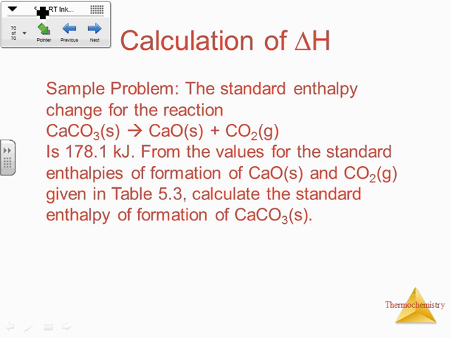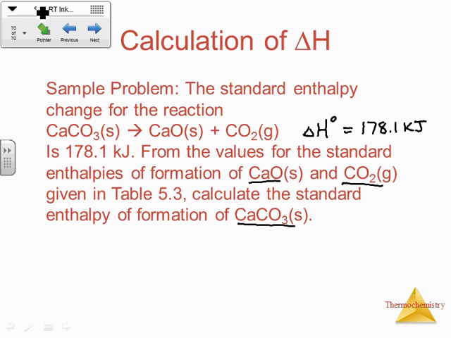So they're telling us the delta H for this reaction right here at standard conditions is 178.1. Which, again, just thinking about what that tells us, this is an endothermic reaction because it's a positive delta H. Okay. Now what they want us to do is use the standard enthalpies of formation of CaO and CO2 and calculate the standard enthalpy of formation of CaCO3.